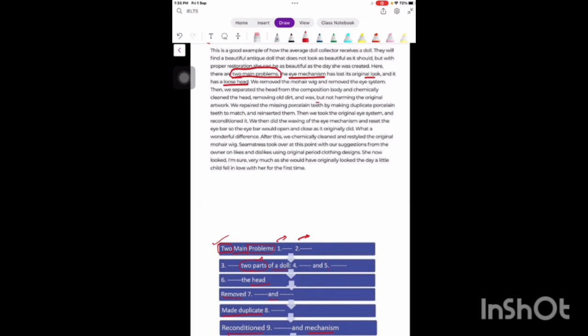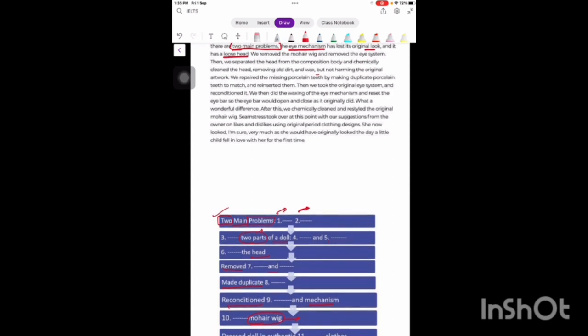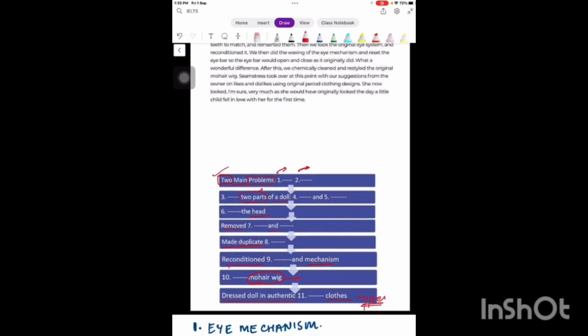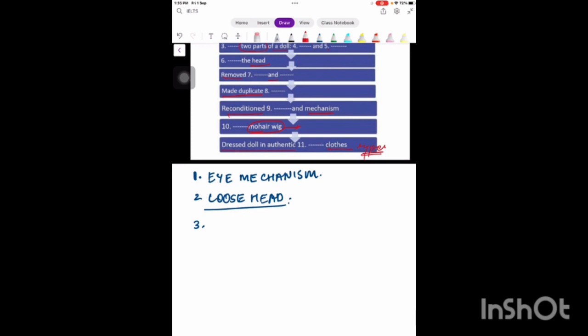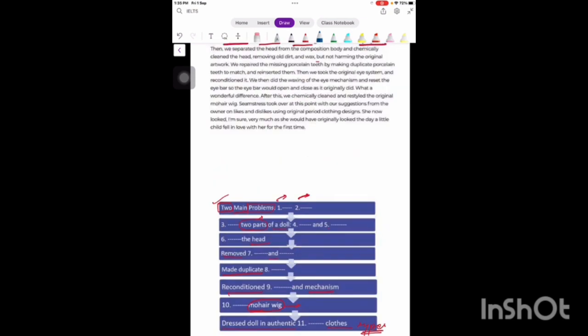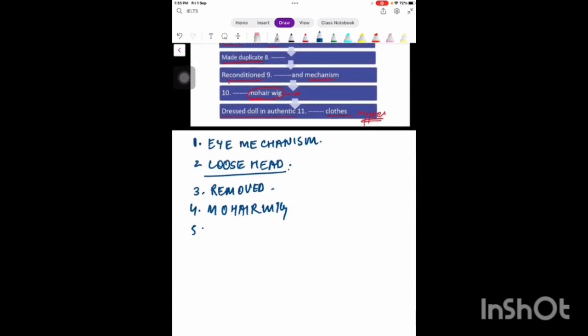So where are they talking about two parts of the doll? They said we removed the mohair wig and removed the eye system. So the answer is removed. Fourth is mohair wig. And fifth is eye system.